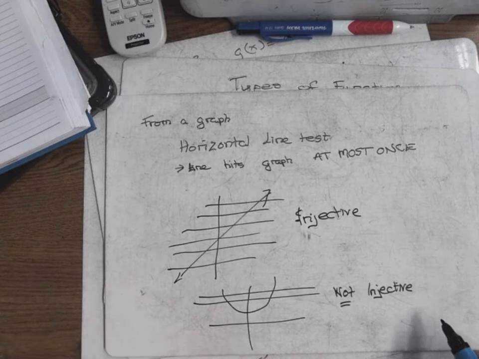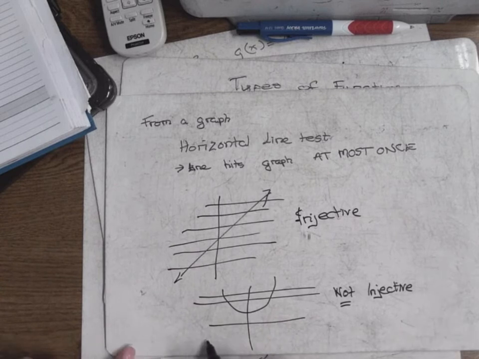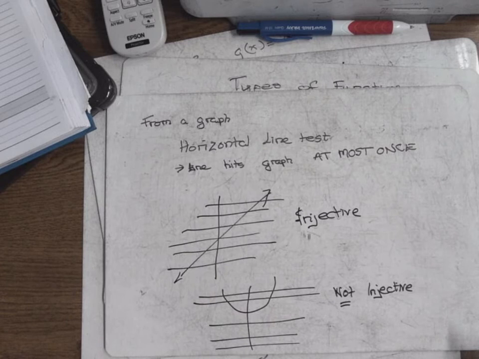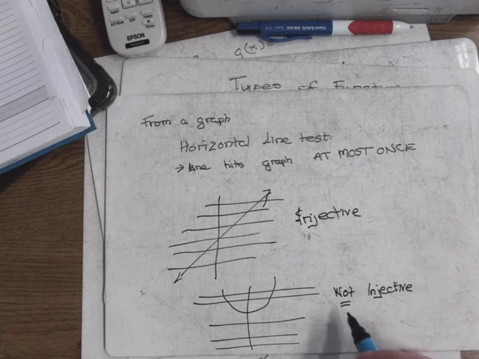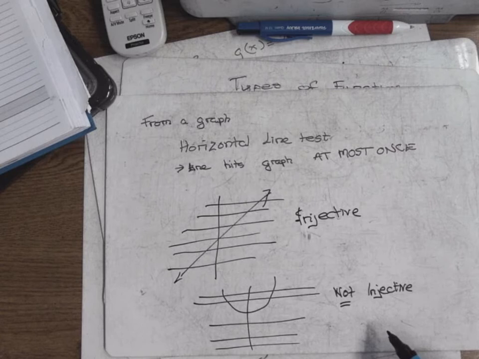This is not injective because the horizontal lines hit it twice. The horizontal line down here doesn't hit it at all, that's fine, because it's at most once, but the horizontal lines up here hit it twice. So that means it's not injective. Okay? So these are new words, new concepts, you have to learn them.